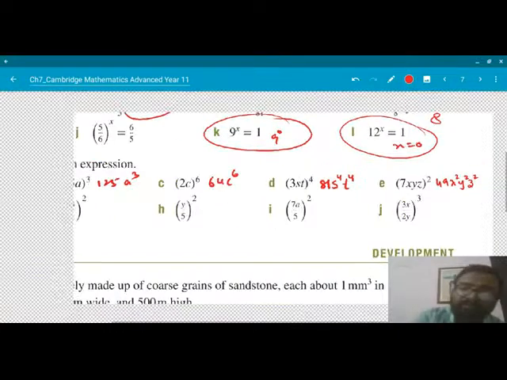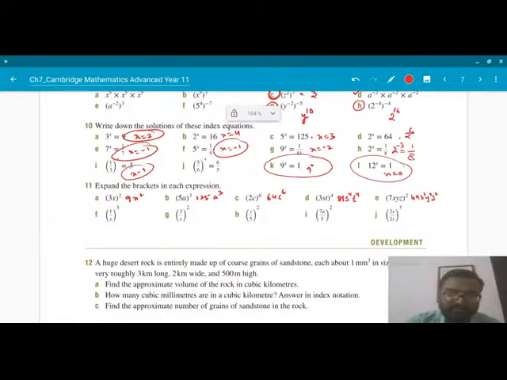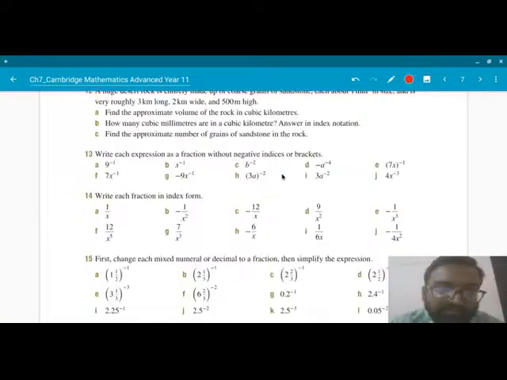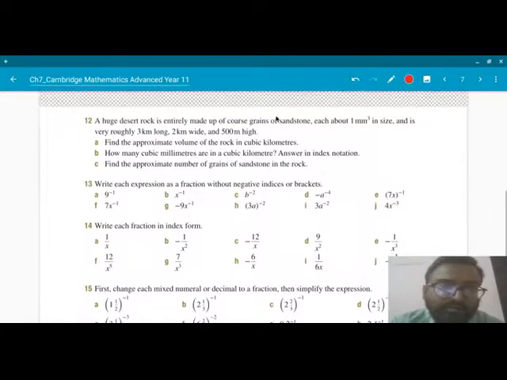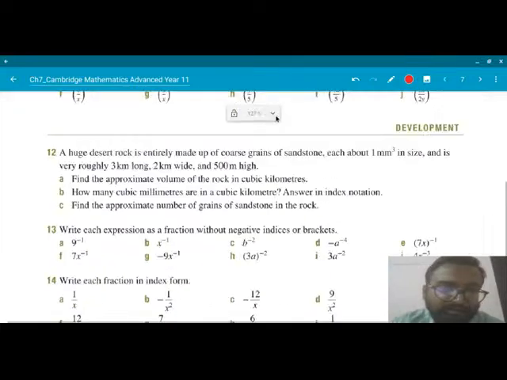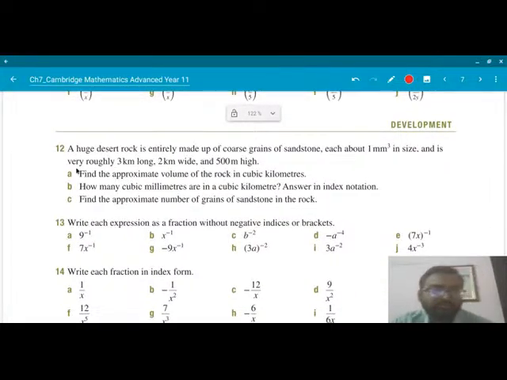Okay, so this is the way of practice. So here we have to, a huge desert rock is entirely, you have to try DIY. Okay, it is not numerical. You can try.